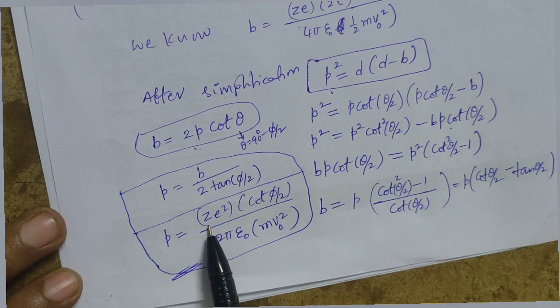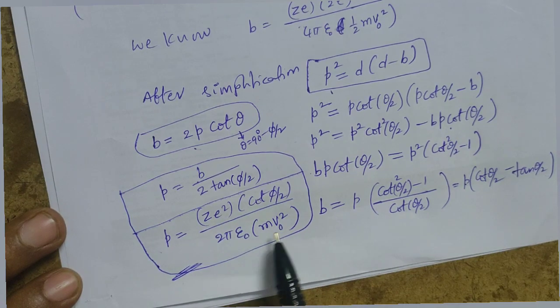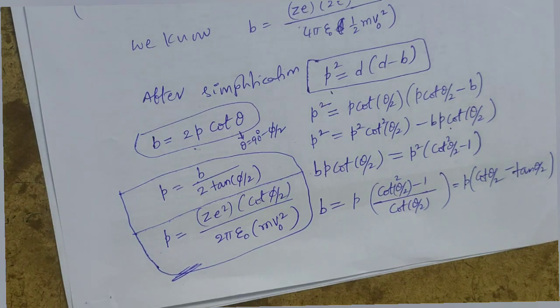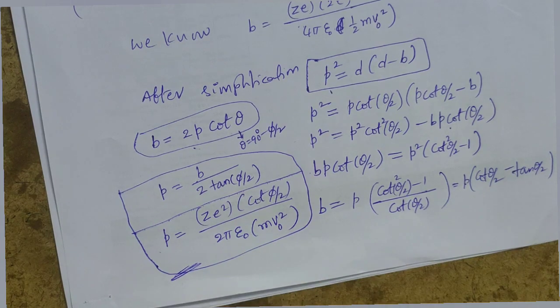So p is equal to ze square cot phi by 2 divided by 2 pi epsilon naught m v square. Okay, fine. Next we substitute this p value there, then we'll get the answer.